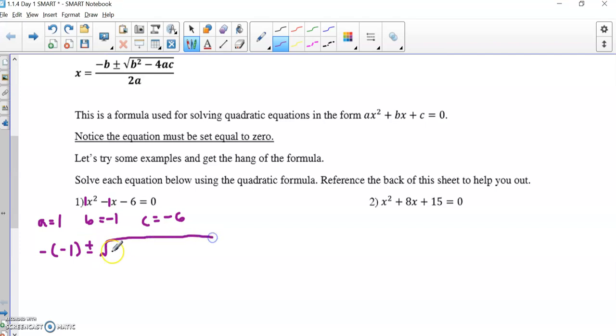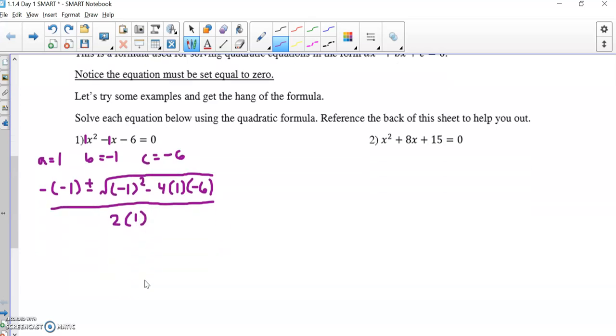The square root, b squared. So we're going to take our b term, make sure you put it in parentheses, minus 4 times a times c. Okay, and that's going to all be over 2 times a.